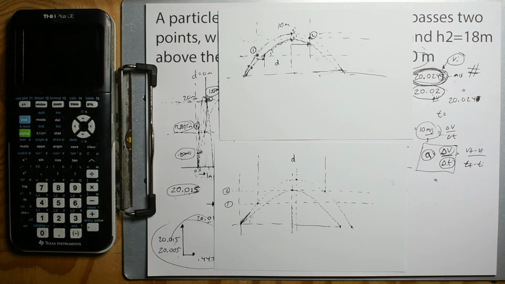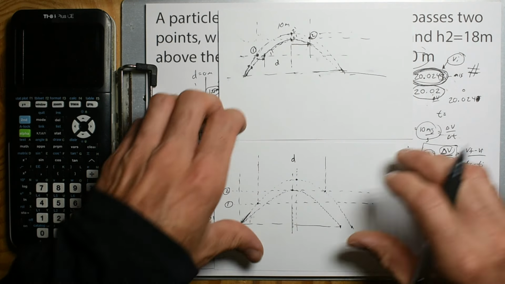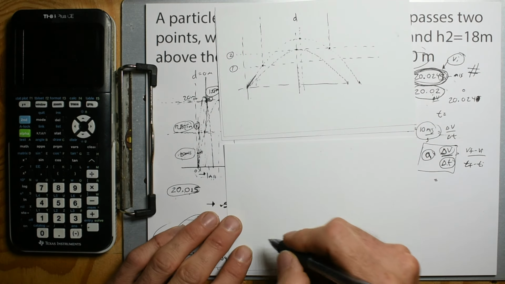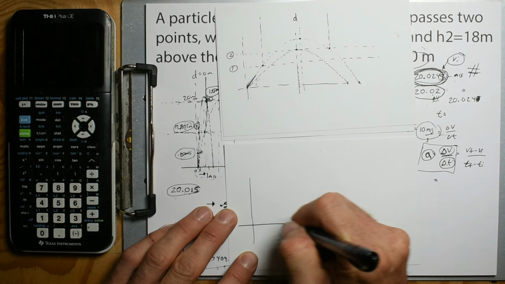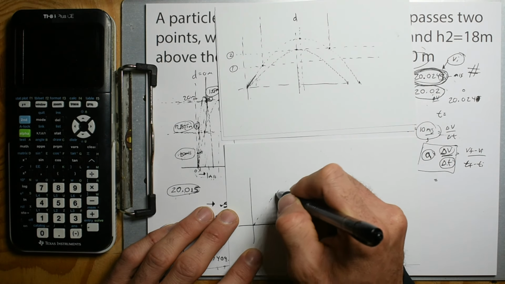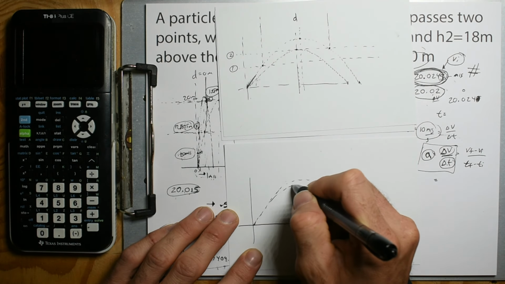I'm trying to figure out if a 45-degree angle is what you want always to get the farthest distance. I don't think so, but maybe. I have a hunch, so let's draw some of these diagrams. If this is perfectly 45, that's going to be the farthest arc.